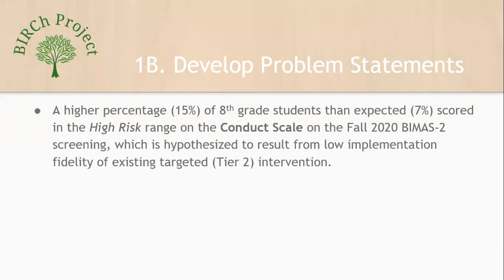So once we have this problem statement, now we can set a realistic goal for these students. We know who to target, 8th grade students. We know what to target, conduct, and we have a sense of how much we want to see improvement. We have hard percentages here of what we currently have and what we want to see or what's expected.